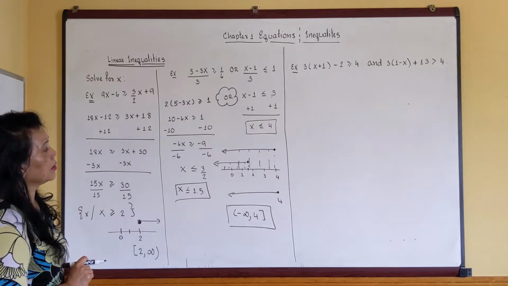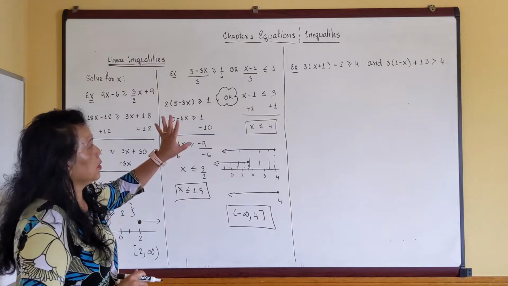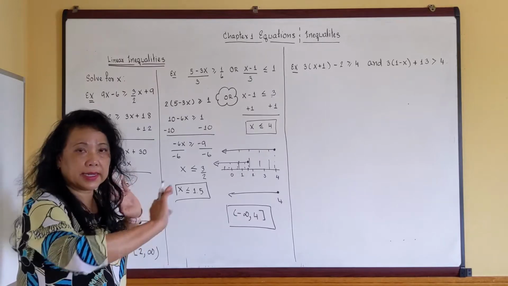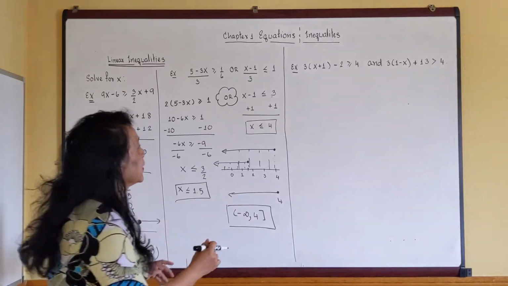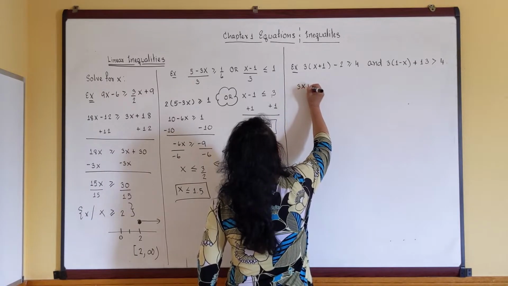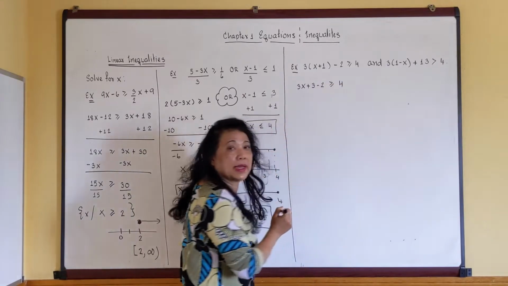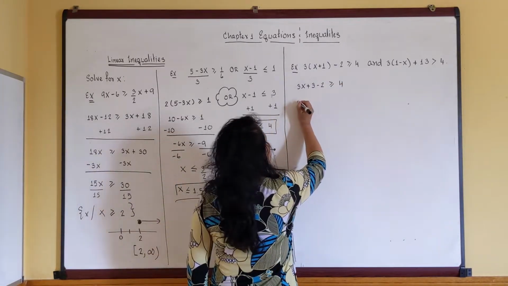Now let's look at the compound inequality that's joined with the word and. You do the same thing, you solve the one before and after and you put them together. So let's see, I'm gonna distribute the 3 in. Right? Combine like terms.